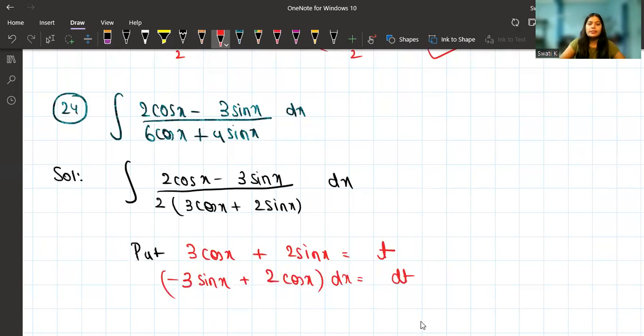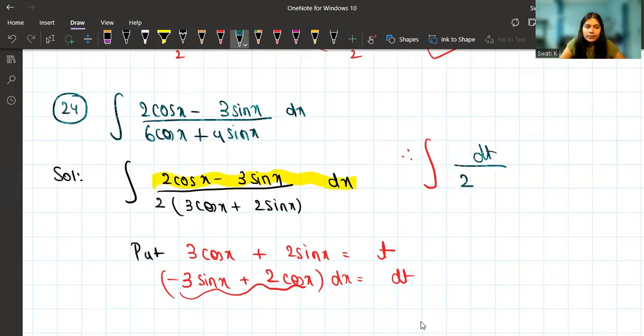Now, this is very simple. You can clearly see that whatever you have here is the derivative of the denominator, 2 cos x minus 3 sin x. So for this particular term, we can substitute dt. Upon 2 as it is, and this is t.